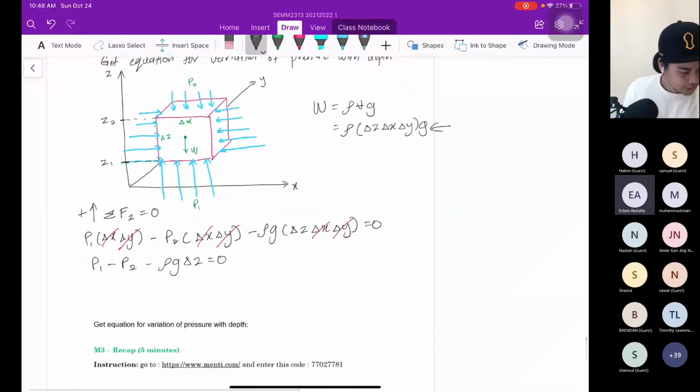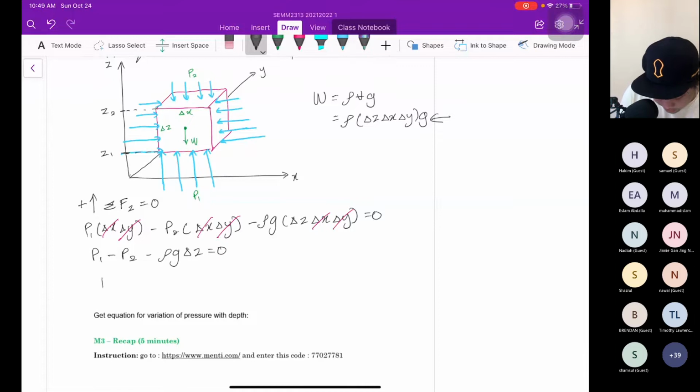All right. So now I try to rearrange this equation. I want to rearrange P2 first and then go to P1. P2 minus P1 equal to negative rho G delta Z. You know that gamma or specific weight is rho multiplied with gravity.